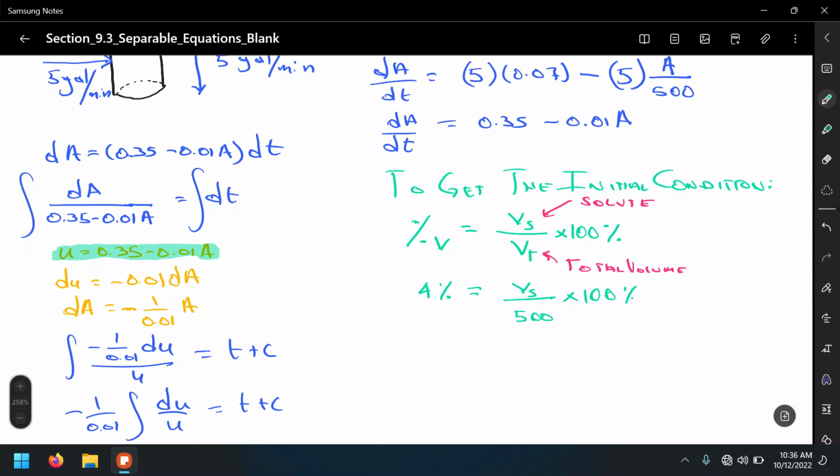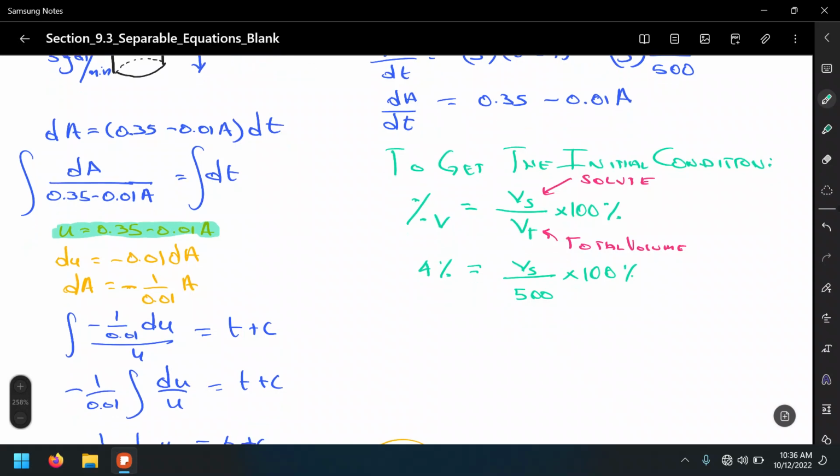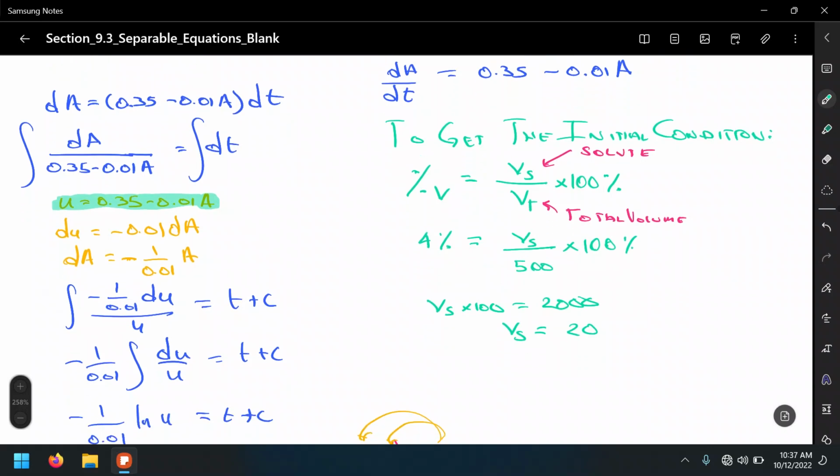So if we divide both sides by 100 and solve for Vs, let's multiply both sides by 500. That's going to give us the volume of the solute times 100% equals 2000, and the volume of the solute in this case is going to be 20.